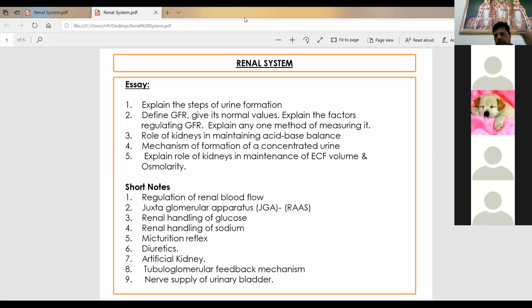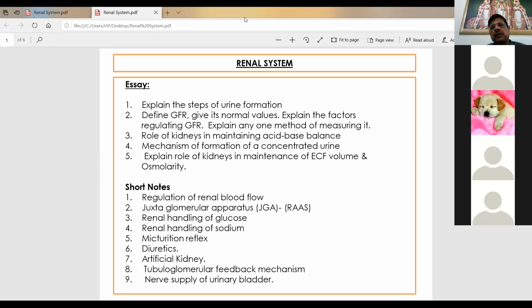Filtration is the first step. It happens at the level of the glomerular capillaries, and a lot of plasma is filtered. As I told you when I spoke about acid-base balance, a lot of plasma is filtered and reabsorbed. This helps in the precise regulation of ECF volume and osmolality.